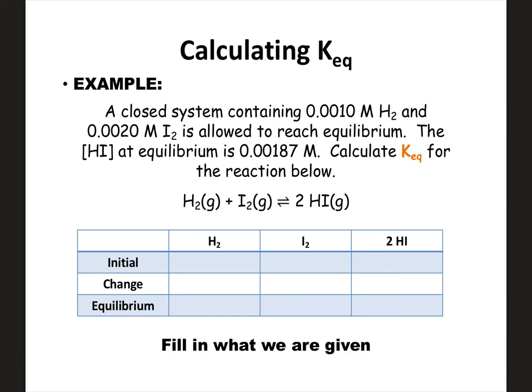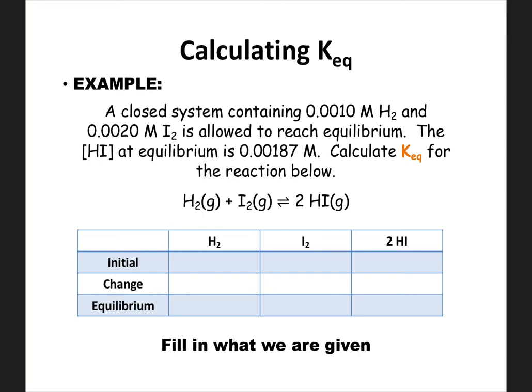The first thing you need to realize here is, okay, I'm finding KEQ, but I don't have all the concentrations at equilibrium. If I had all the concentrations at equilibrium, I would just plug into KEQ and solve. I don't. But I do have at least one of the concentrations at equilibrium. That's important because that's what makes this a logic and math version of these equilibrium problems.